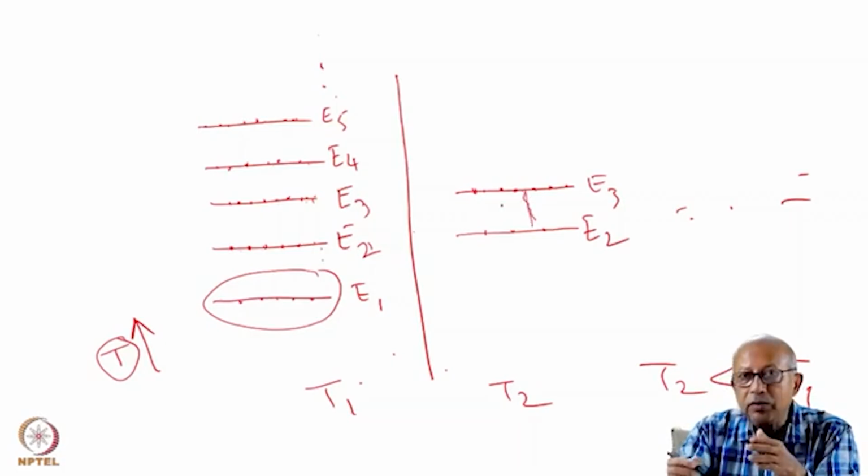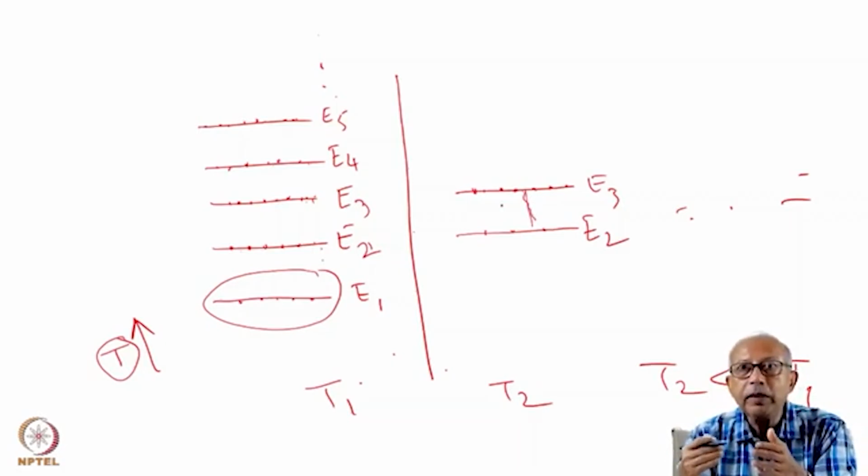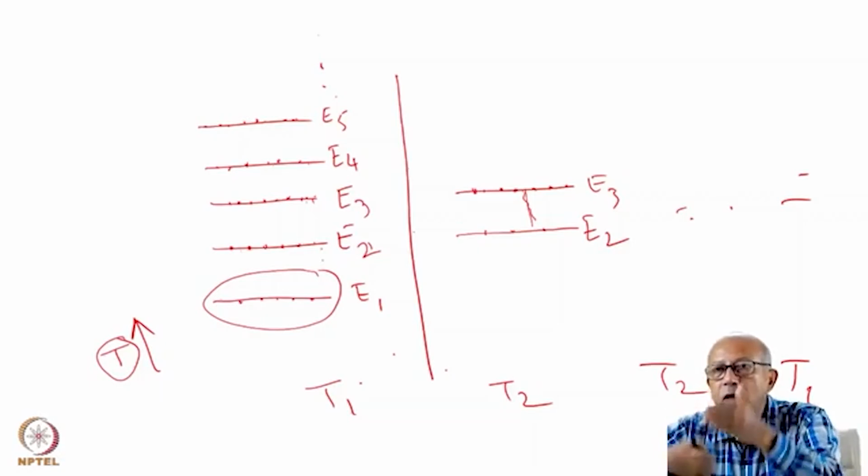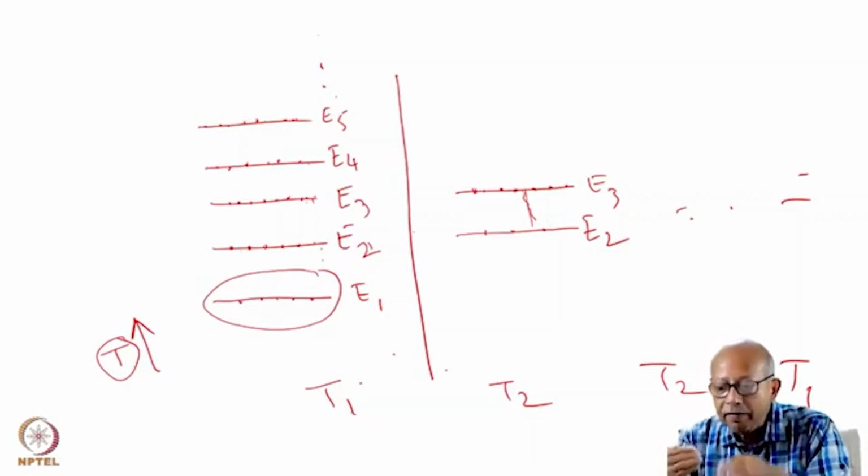Some photons will be there due to spontaneous emission, and the moment there is a cavity, there will be a quick to and fro journey of these photons and they will be amplified because you have a population inverted medium.